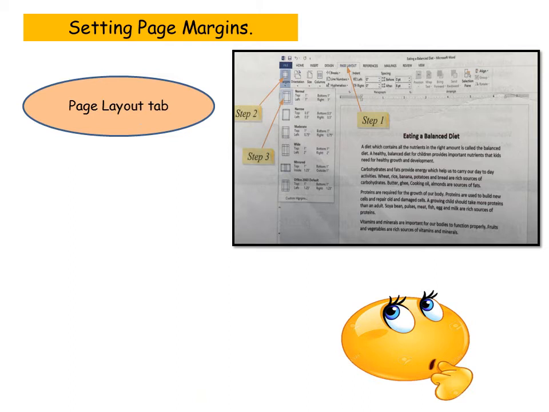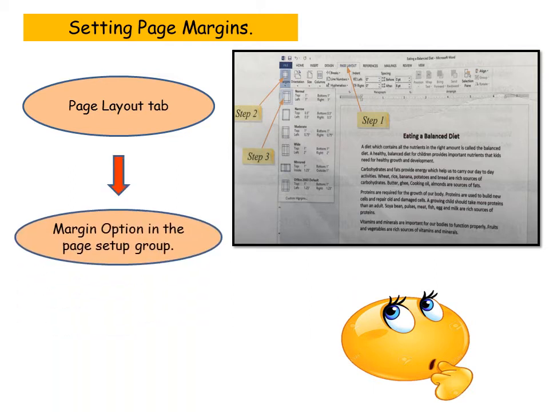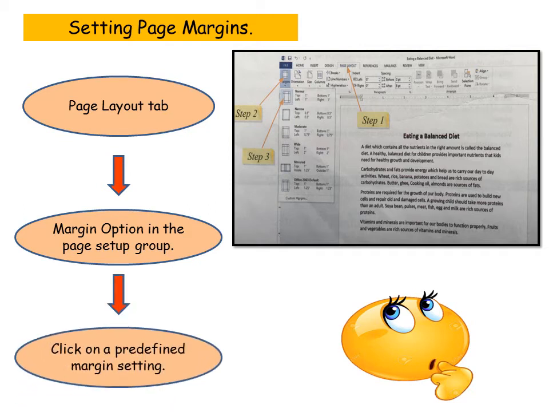First, click on the Page Layout tab. Next, click on the Margins option in the Page Setup group. So, a list of predefined margin settings will appear. Then click on a predefined margin setting.